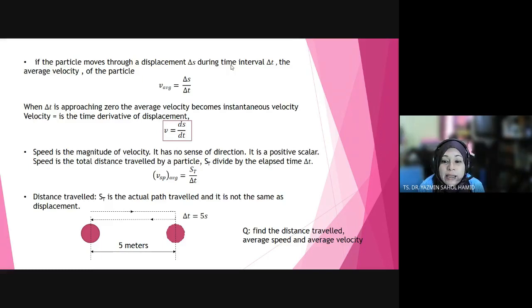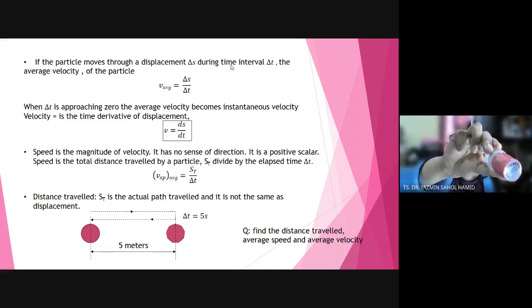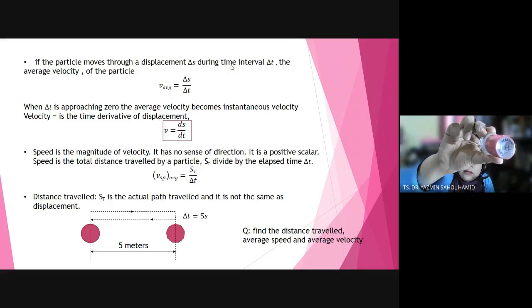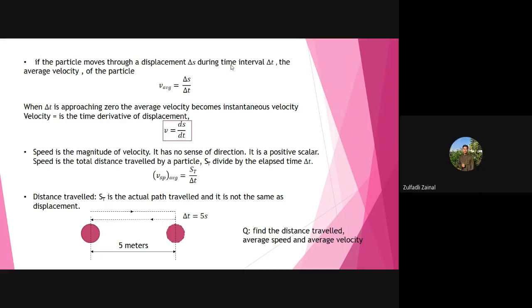Now, what does average velocity mean? Average velocity is the displacement over time. Okay, now what is displacement? Change in position. Now, first the ball moves 5 meters to the right and then it returns back to its original position. Now, what is the change in position? Zero. Yes, zero.